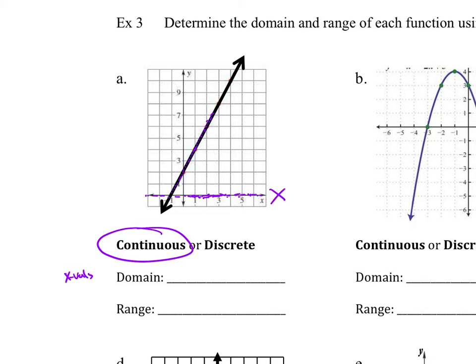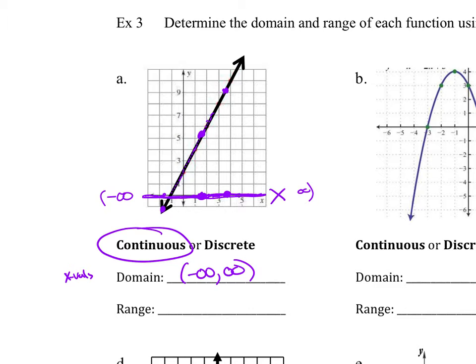I could pick any point on the graph and show that it's got an x value on this axis, right? So all these x values are part of this function. And so the domain is like every single number. Well, how do we write that? Just like when we're graphing inequalities, it's like we shaded the whole number line, and so we say parenthesis negative infinity, comma infinity. That means all the numbers.